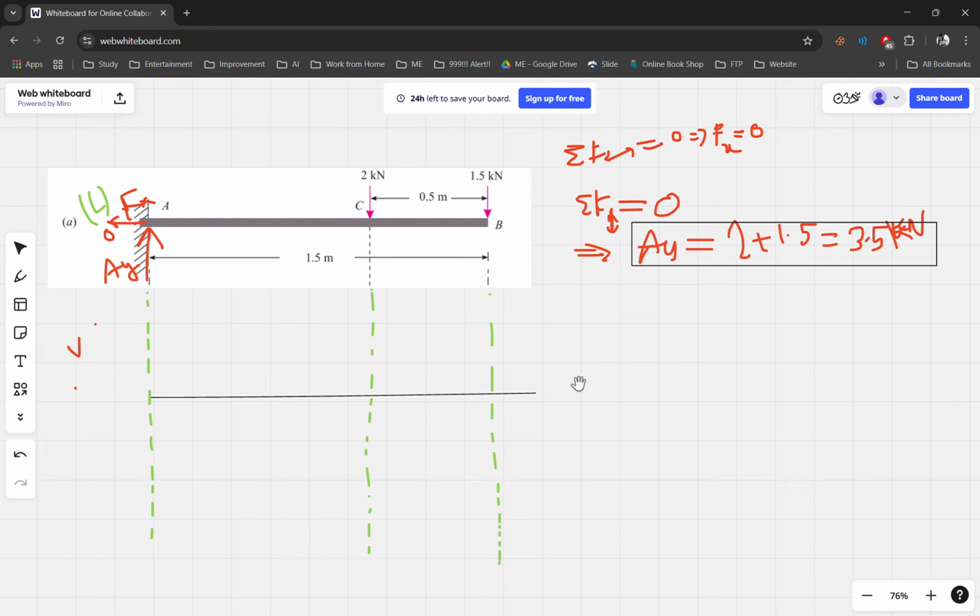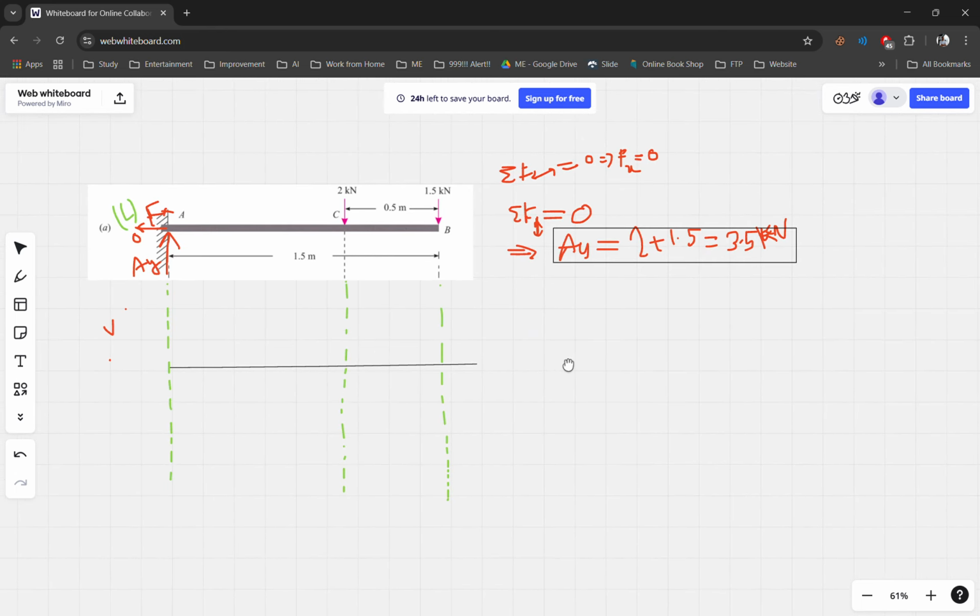After determining the value of Ay, Ay is 3.5 in which direction? In the upward direction. So the force is 3.5 kilonewton in the upward direction.